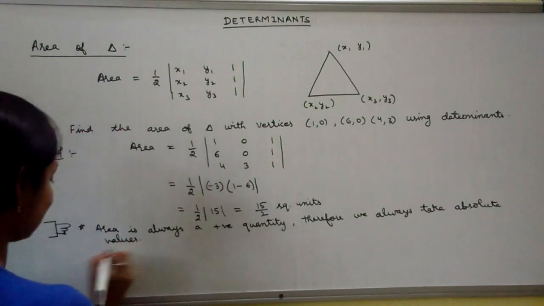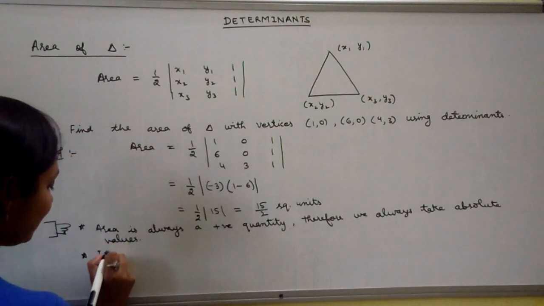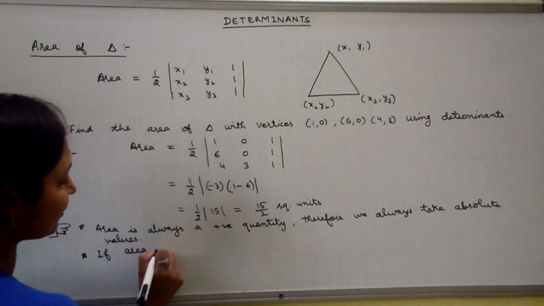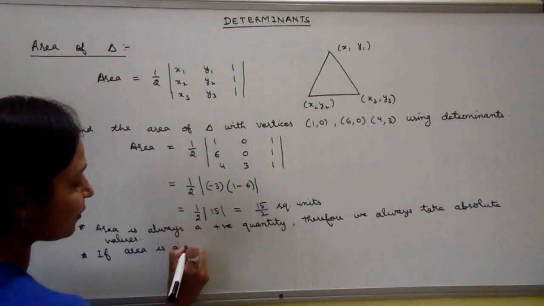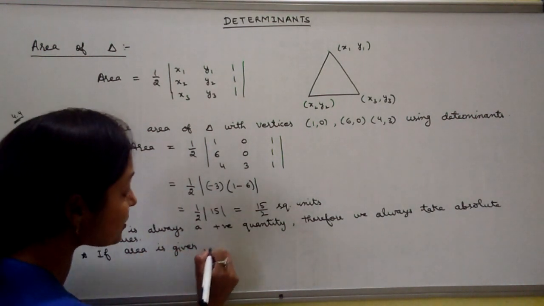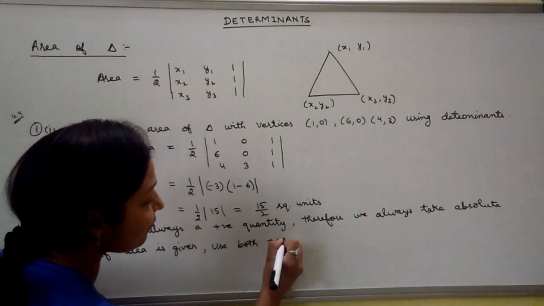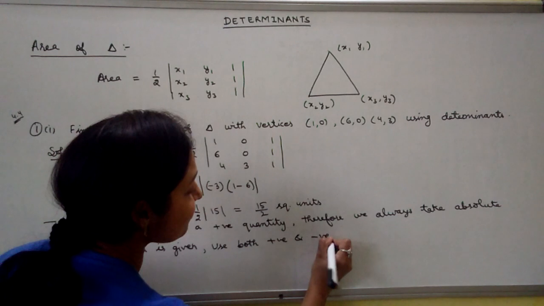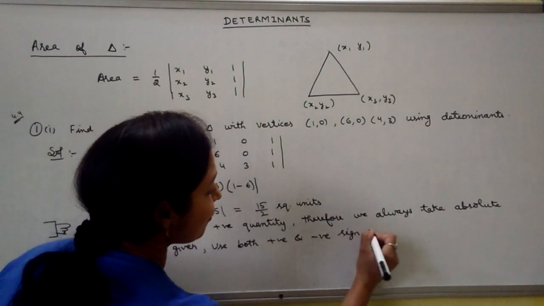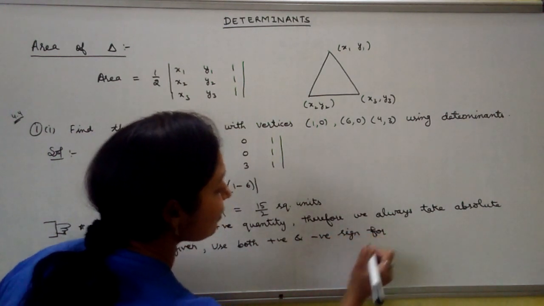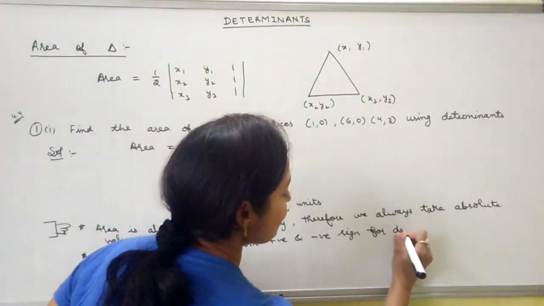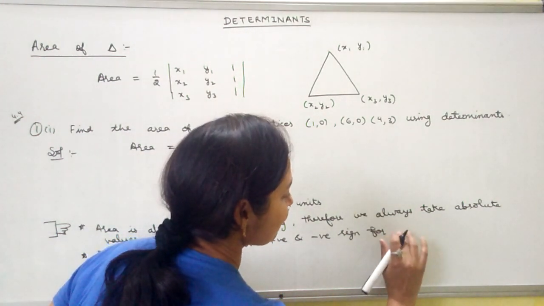Second, if the area is given, use both the positive and negative sign for the determinant in the calculations.